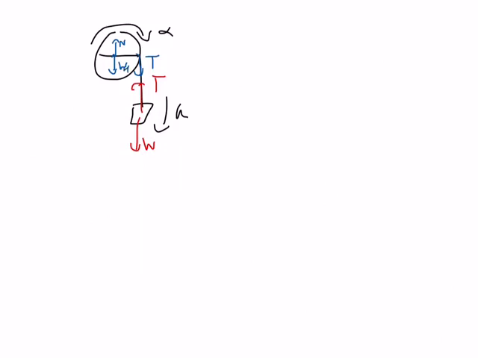I should subscript these to indicate that they're not the same, but different weights. And because the string is not going to stretch, we know there's a relationship between the linear acceleration and the angular acceleration, which in this case, since r is L over 2, is a equals alpha L over 2.